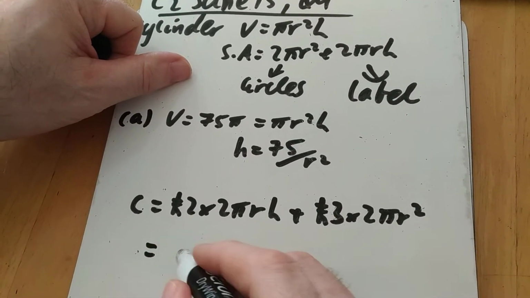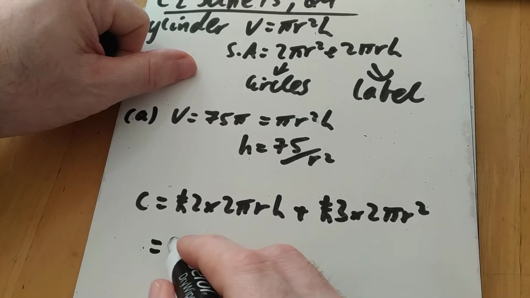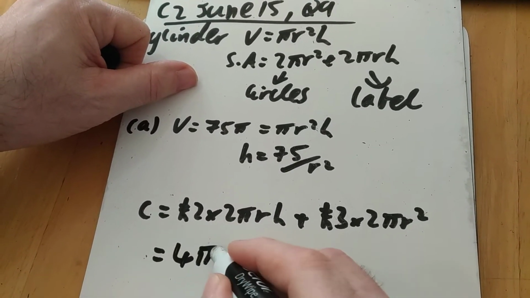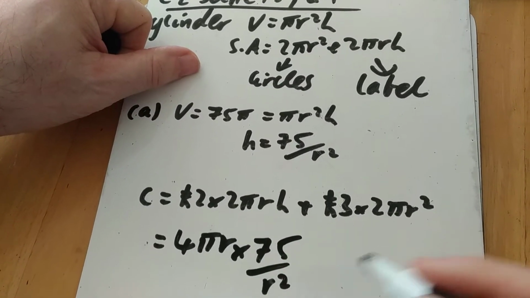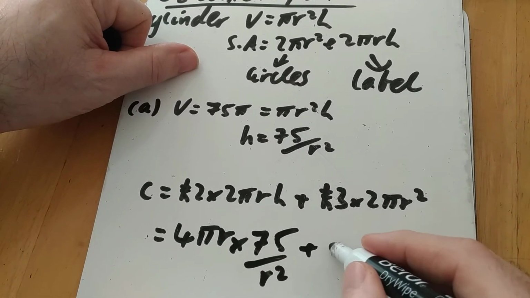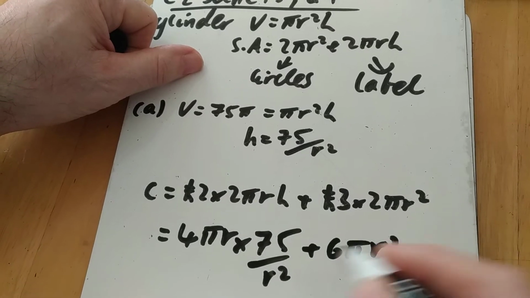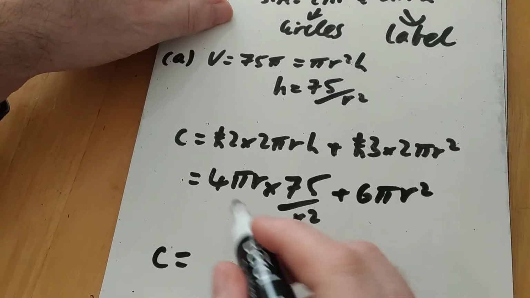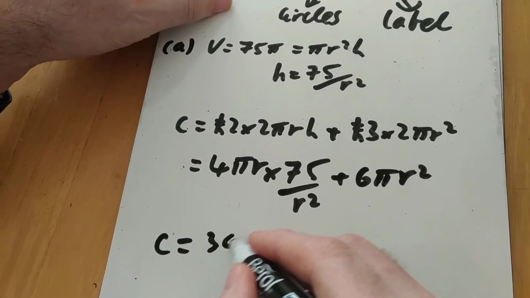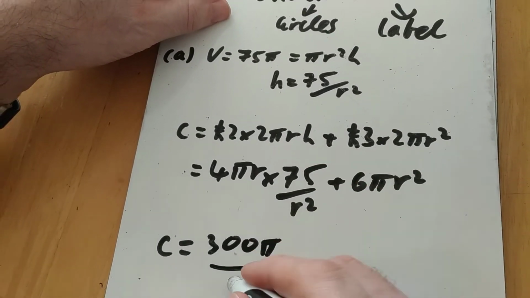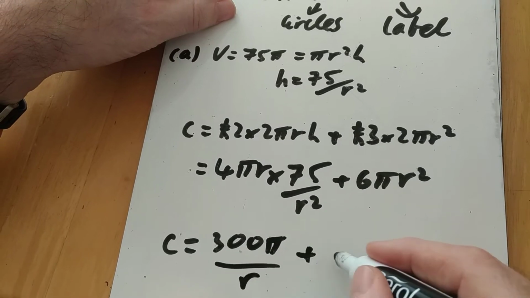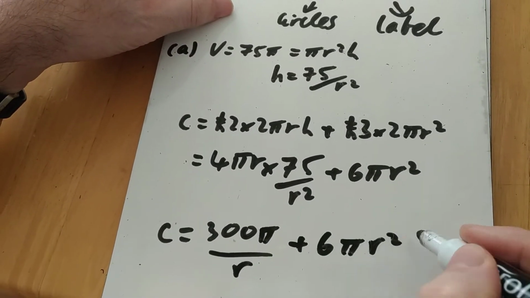And the key thing I want to do now with this one, I can do that. 4 pi r times h, which is 75 over r squared, and then 3 times 2, 6 pi r squared. And I should have, hopefully, 4 times 75, 300 pi, r over r squared becomes that, r cancels out, and 6 pi r squared.